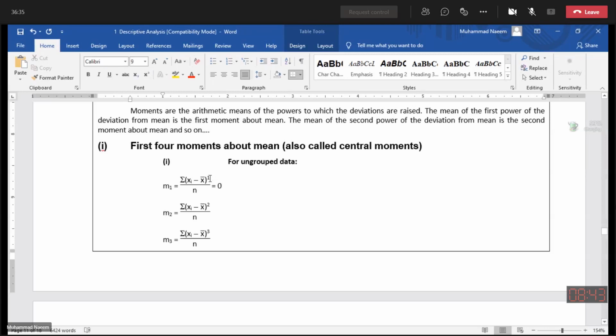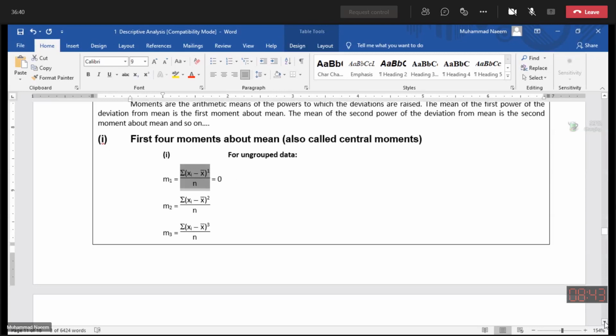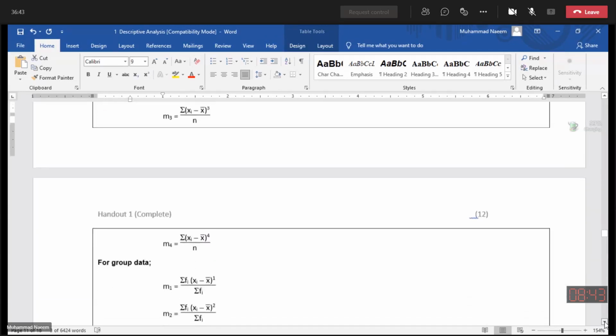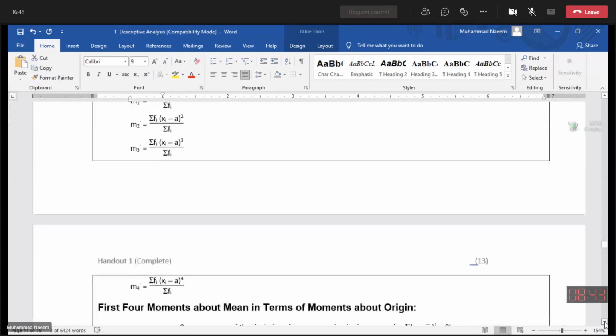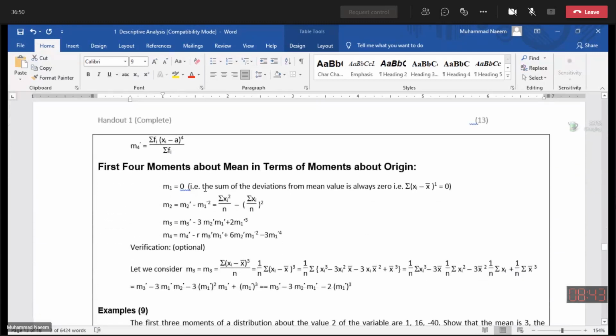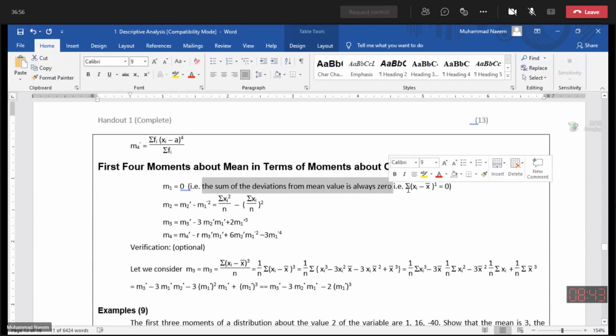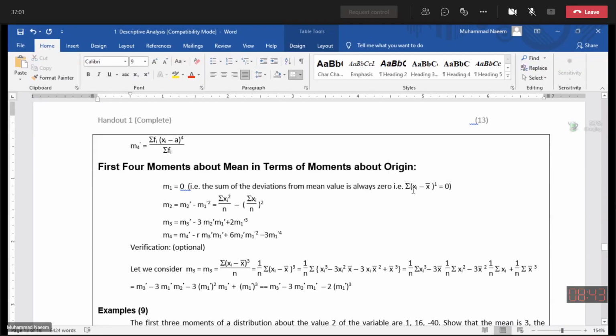If we neglect power 1, that is meaningless. Just we have the sum of the deviations from mean value. And due to this strong property of arithmetic mean, we have this numerator 0. Directly you can say that sigma xi minus x bar is 0. Always it is 0. That's why remember the first moment about mean is 0, always in all the cases.